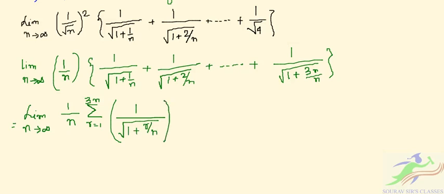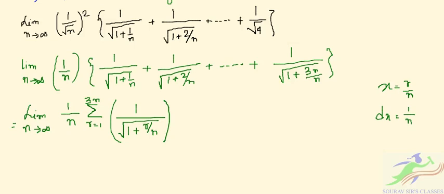We have taken the same thing actually. We will take x as this r by n, so dx will be 1 by n.